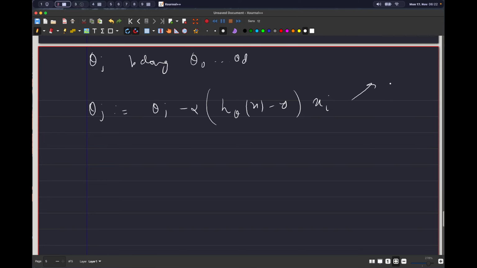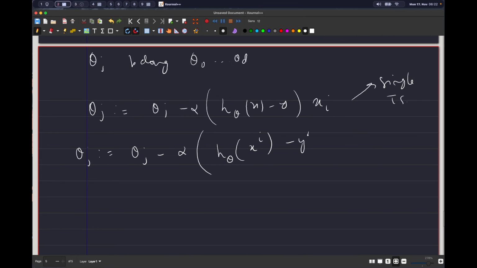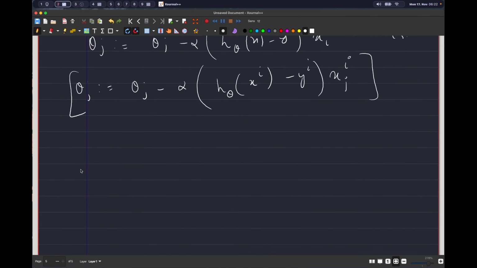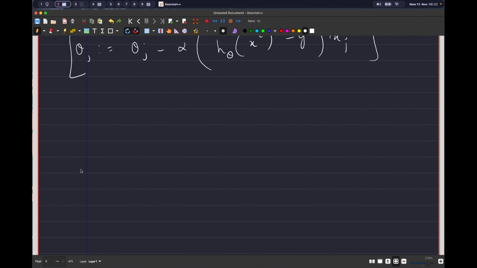So this was for a single training sample. We can also write it like this for a single training sample. For the ith training sample, the update rule is this.